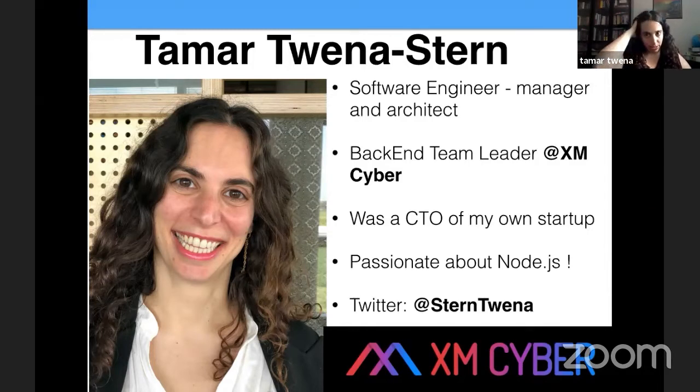XM Cyber is a really cool startup in the security area. What we are doing is simulating the activity of a hacker. I mean, we are inside of a computer network and we are running a lot of simulations to understand whether a hacker can access the valuable assets of an organization. A lot of algorithmics, really cool stuff.